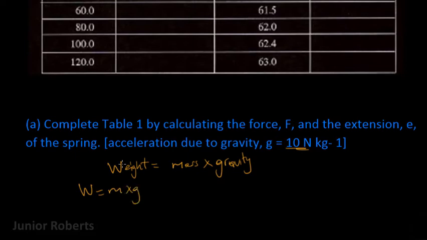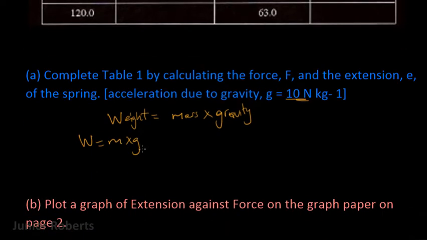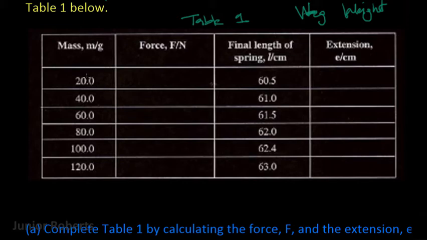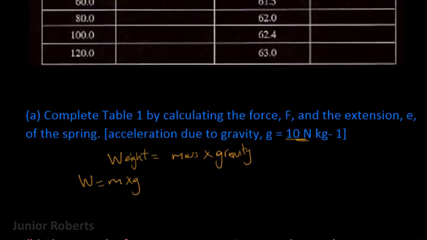Now whenever we are trying to find the weight of an object, the mass must be expressed in units of kilograms. If we look back at our table, we see that the mass is given in grams, as listed right here. So we now need to convert from grams to kilograms and then use our formula to find weight.